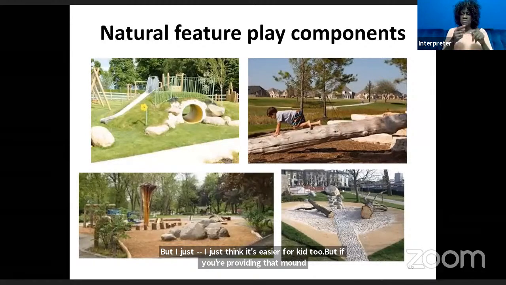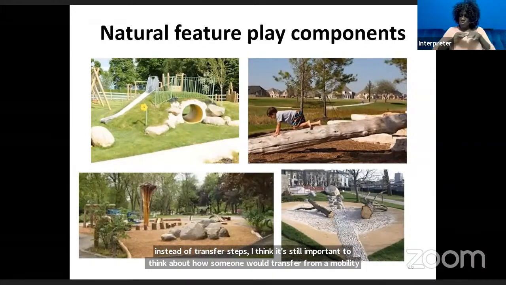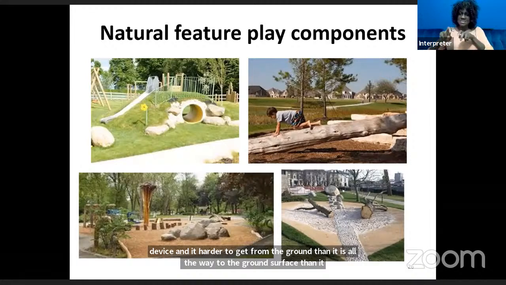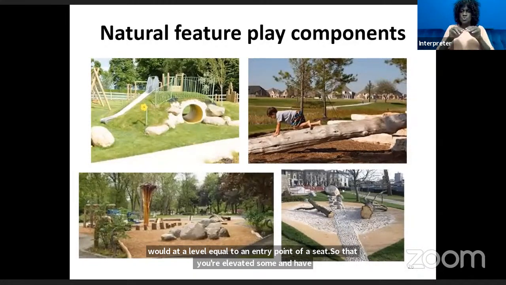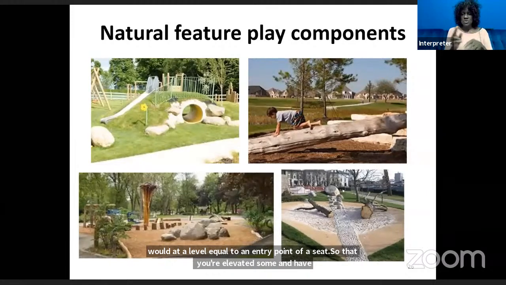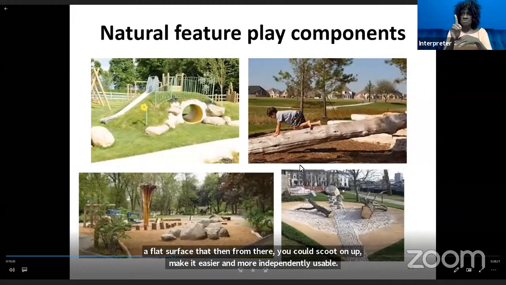It's harder to transfer from all the way at the ground surface than it would be at a level that's equal to an entry point or a seat, the requirements that I'm going to show you pretty soon here, so that you're elevated some and have a flat surface that then from there you could scoot on up, making it easier and more independently usable. So lots of things up on a mound, composite play structure.